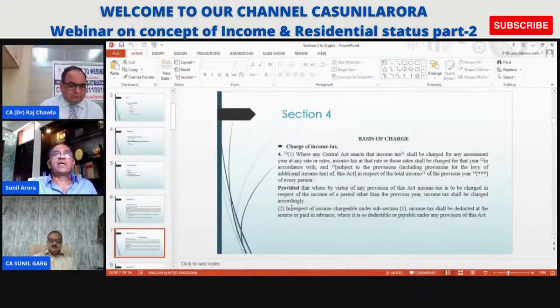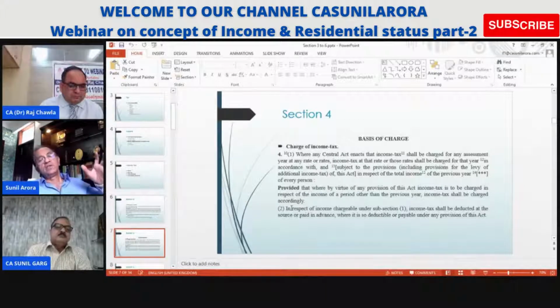Now, in any tax or fiscal legislation, the most important section is the charging section in that legislation. As Mr. Sunil Garg had said in his opening remark, section 4 is the most important section, because for levying any tax, you need to have a process.